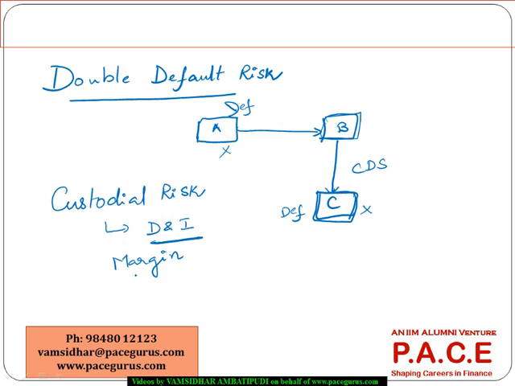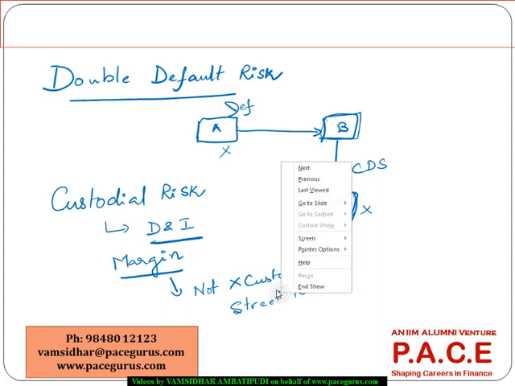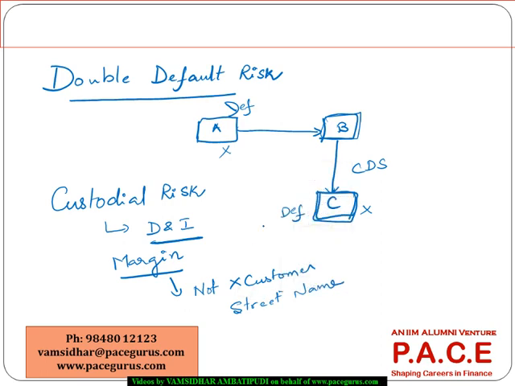Now, when we are depositing something as a margin, it will not be in the name of the customer. It will be in the street name, which is like a broker's name. So what could very well happen is, if some kind of credit loss is going to occur, the custodian can easily withdraw the money from this particular account and transfer it to the lender who is facing credit losses.